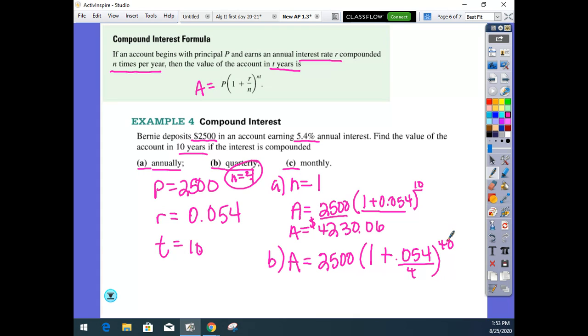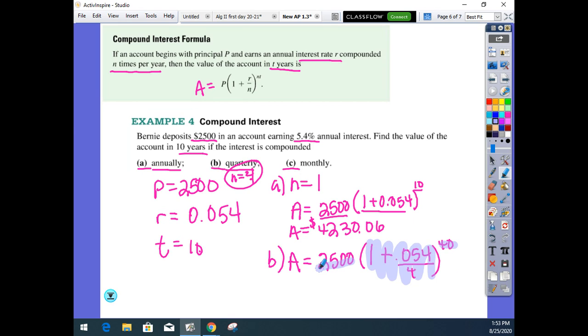I'm just going to multiply that in my head so I don't have extra stuff to do, and that's going to be 40. What's really important, order of operations. Do what's inside the parentheses first, then raise it to the 40th, and then times 2,500.